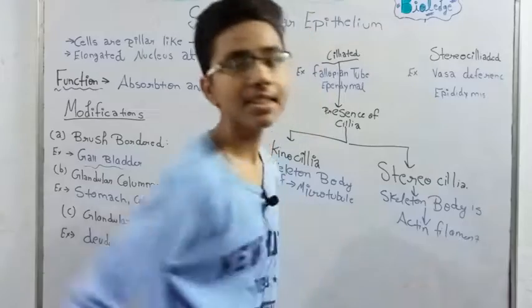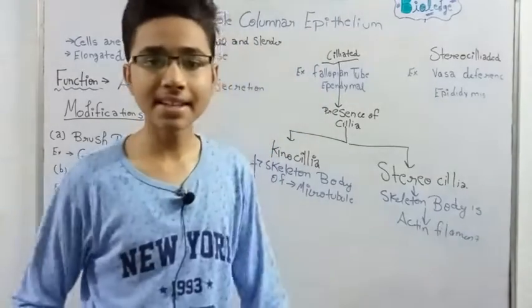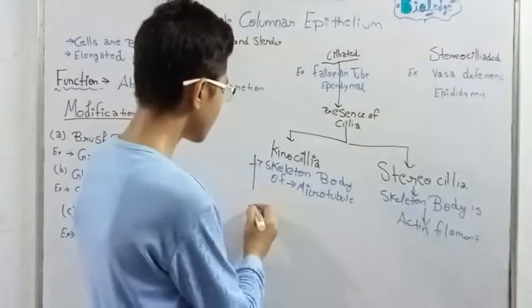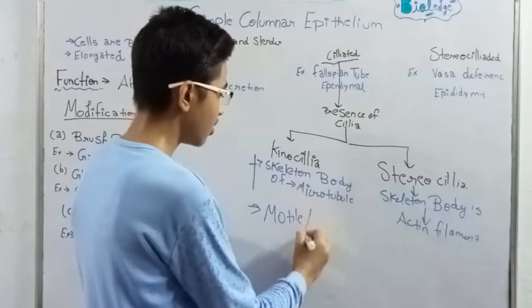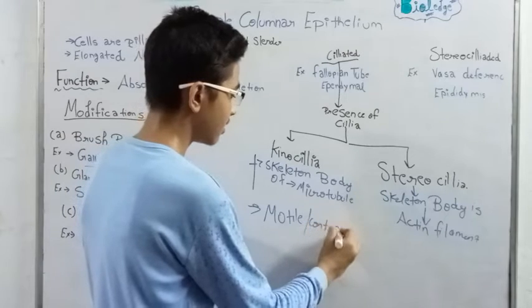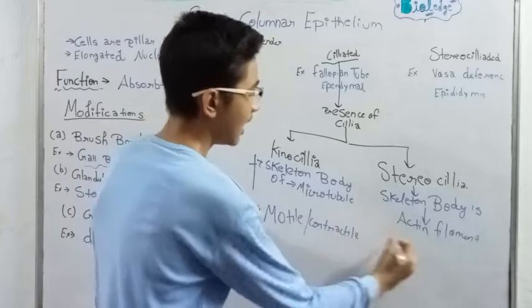So this creates the difference between their skeleton bodies. There is another very important difference, that kinocilia are motile or contractile, and stereocilia are not.